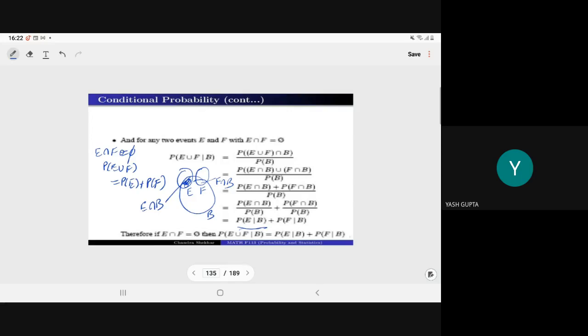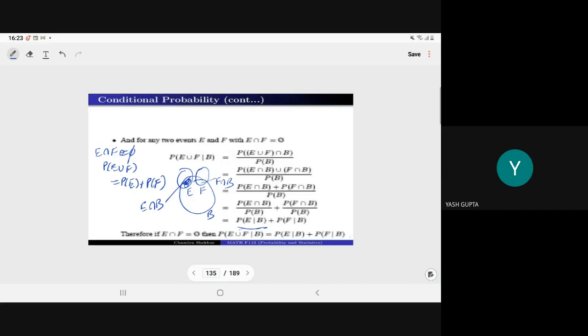That is, when E and F are disjoint or mutually exclusive, then P of E union F given B is equal to P of E given B plus P of F given B.